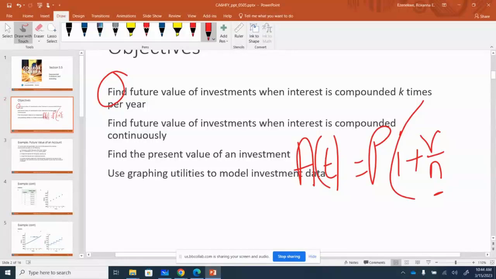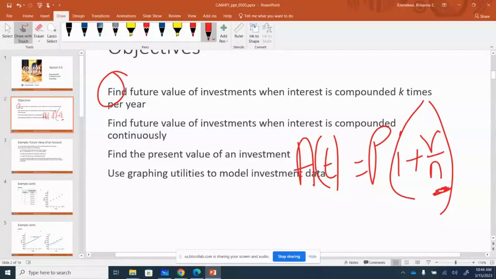Quarterly, it means every 3 months, n is 4.